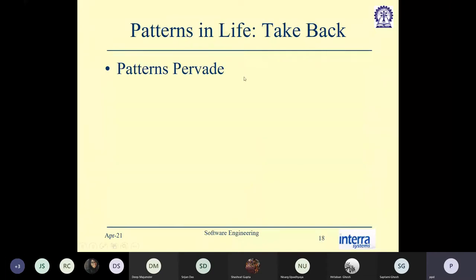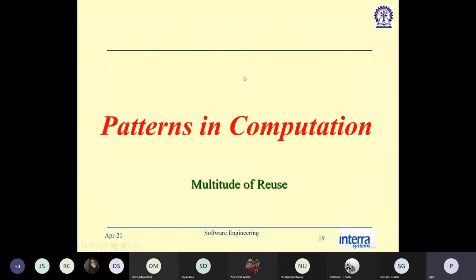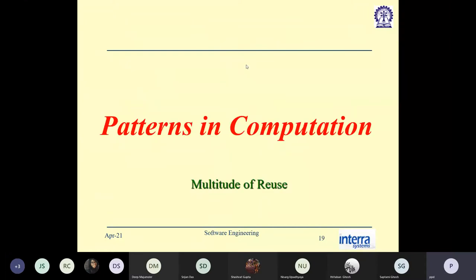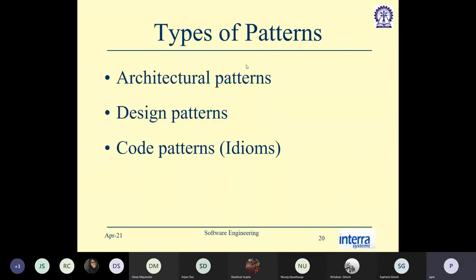So now we'll get back to what we want to do: patterns are there everywhere. They drive research, and they're the greatest exploits for design. When we come to the specific case of computation, there are different kinds of patterns. One is architectural pattern, like client-server architecture or 3-tier architecture.